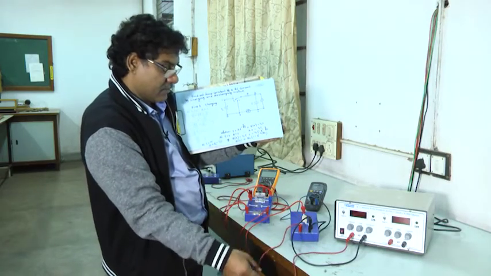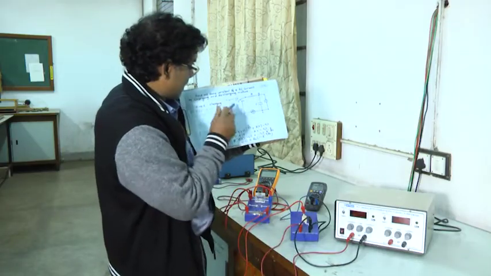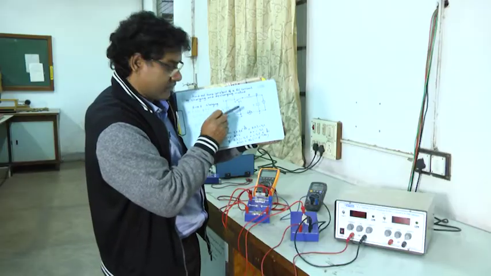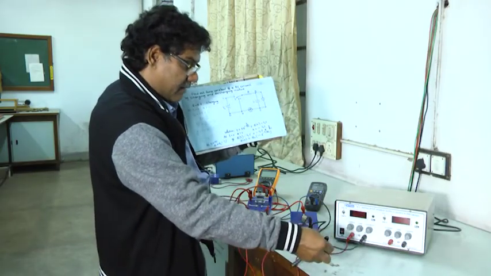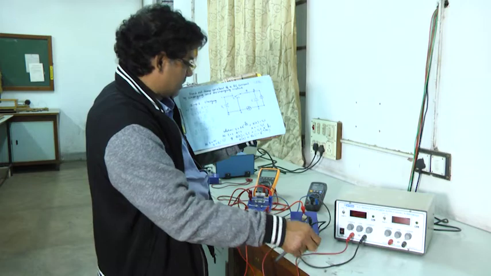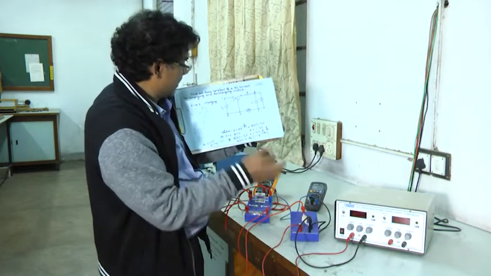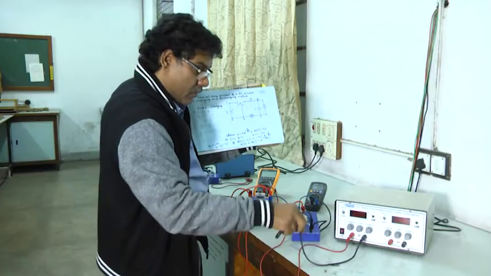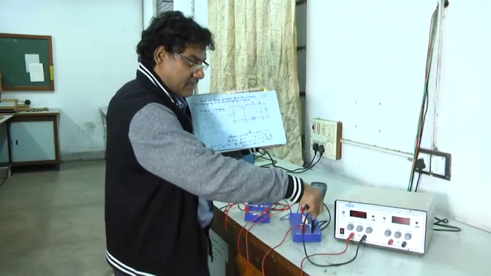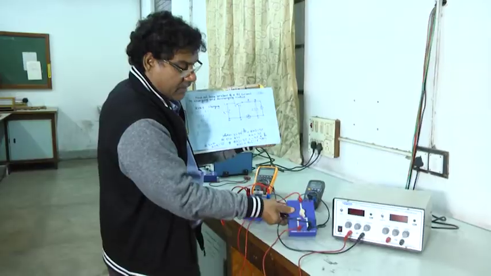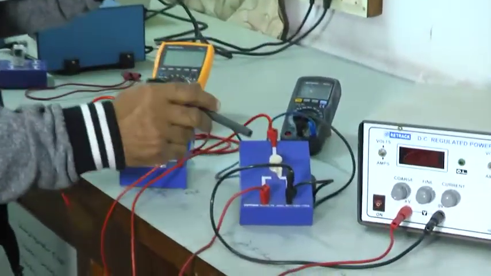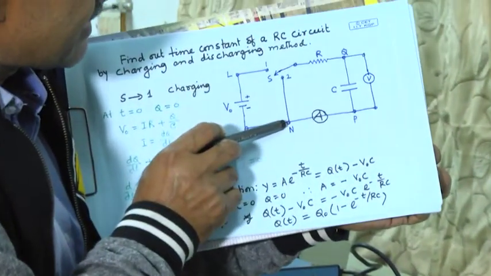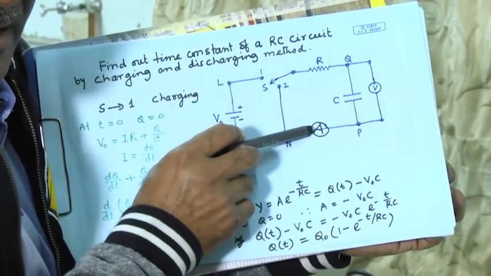Now the other electrode, the negative electrode of the power supply, is going to connect with 2. This is the connection, it's connected with 2.